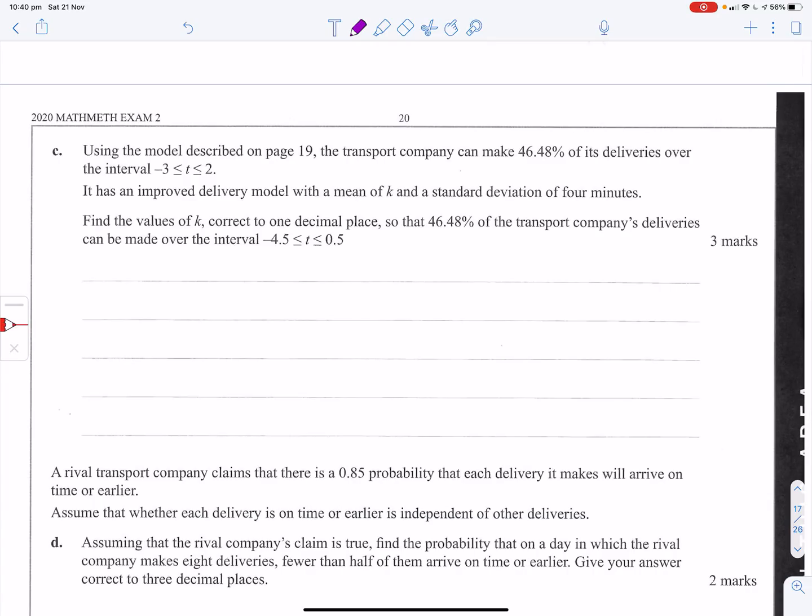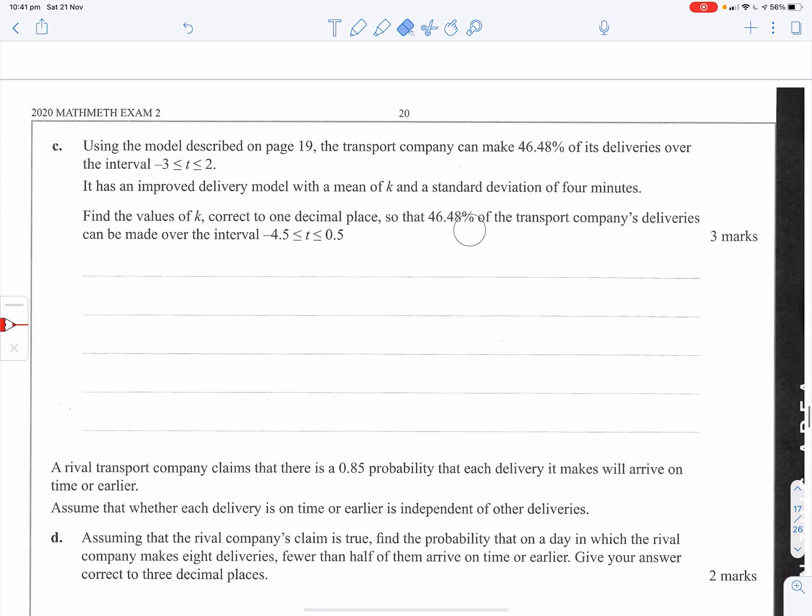Okay, using the model described on page 9, the transport company can make 46.48% of its deliveries over the interval -3 to t. Its improved delivery model has a mean of k and a standard deviation of 4 minutes. Find the values of k correct to one decimal place so that 46% of its deliveries are between that.